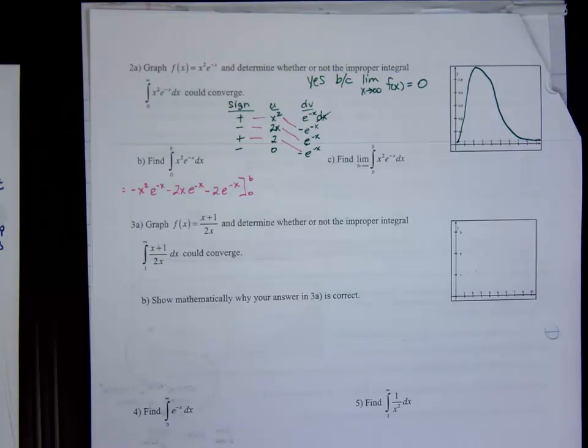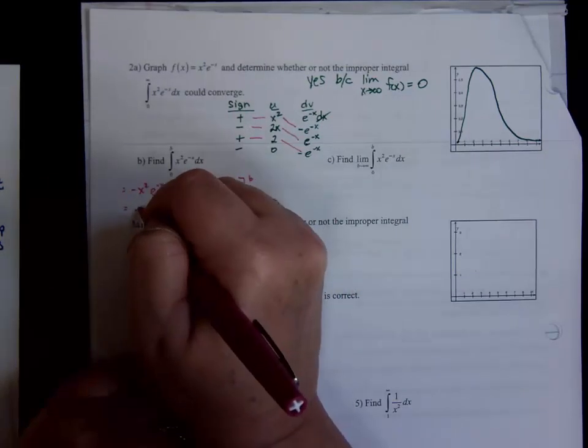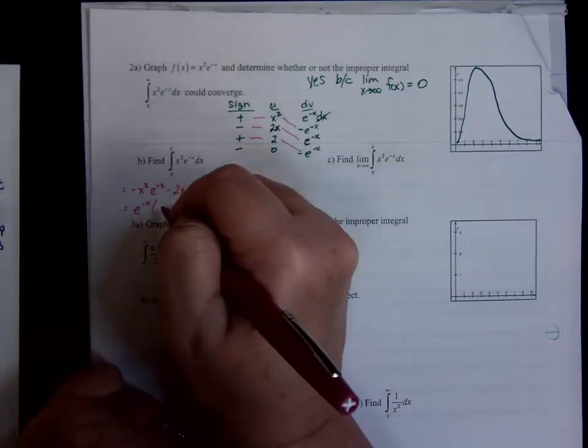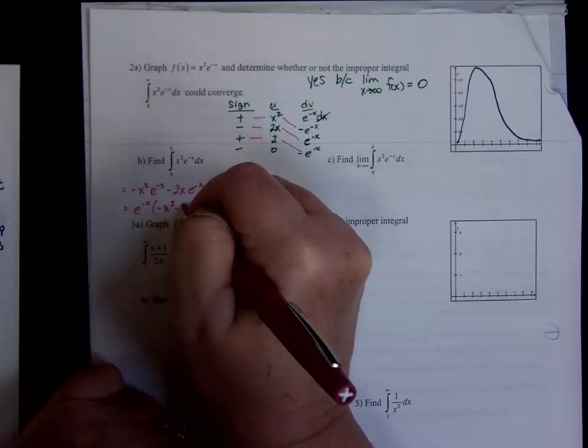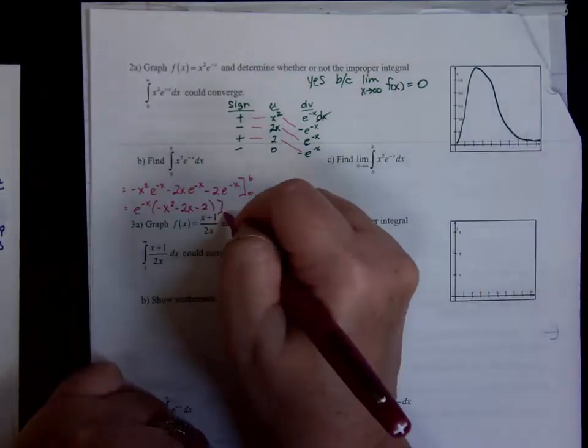But before I start plugging that in, that's a lot of stuff. Can I factor that at all? It would really make things a lot easier. I can take out the e to the negative x, and that will honestly make things better. So e to the negative x times negative x squared minus 2x minus 2 from 0 to b.